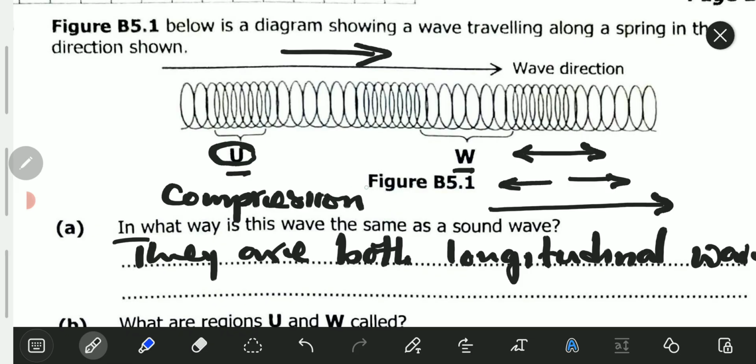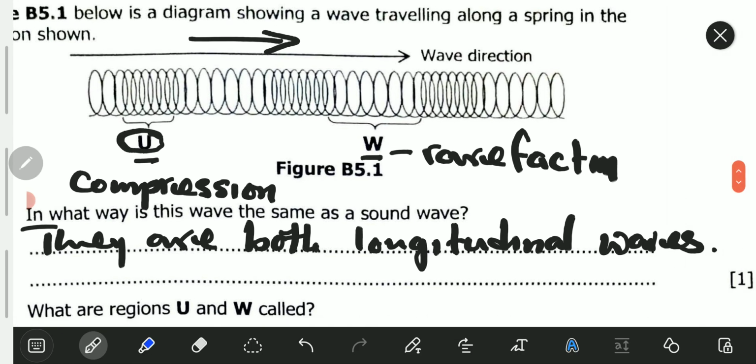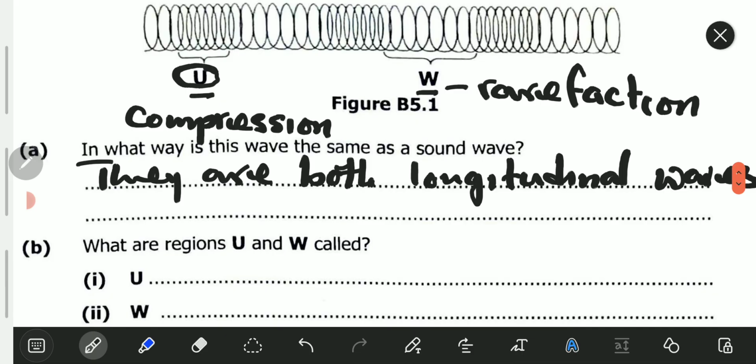And areas where the particles are further apart are called rarefactions. So compressions and rarefactions.